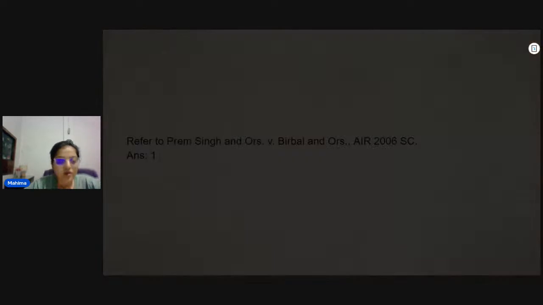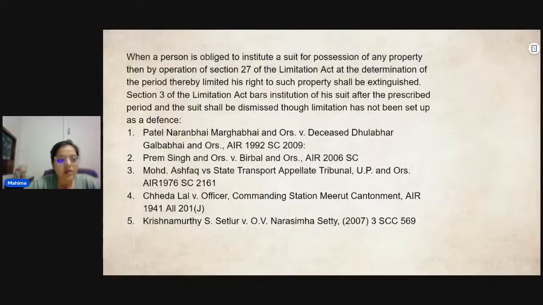When a person is obliged to institute a suit for possession of any property, then by operation of Section 27 of the Limitation Act, at the determination of the period thereby limited, his right to such property shall be extinguished. Section 3 of the Limitation Act bars institution of the suit after the prescribed period, and the suit shall be dismissed as barred by limitation even if limitation has not been set up as a defense.